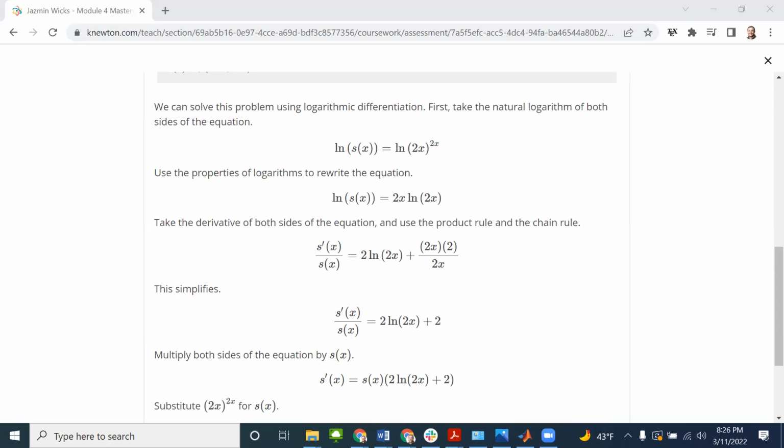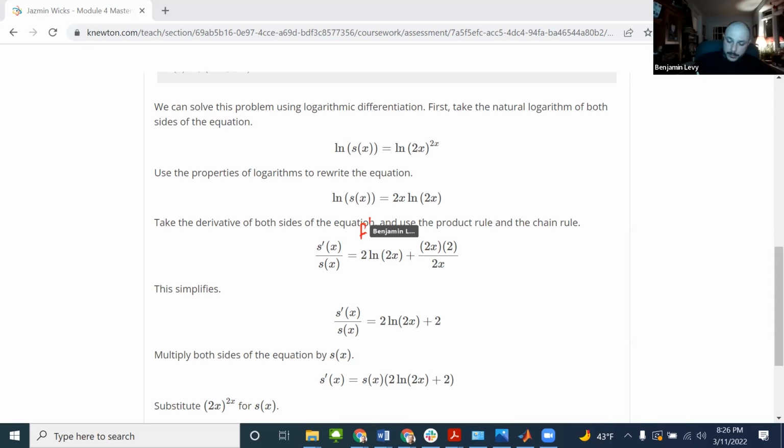This is our f prime g, and here's our f, and the g prime is the other part. I'm sorry, I keep switching between devices, but that's what I had on the other screen. They just combined the fraction together in there.